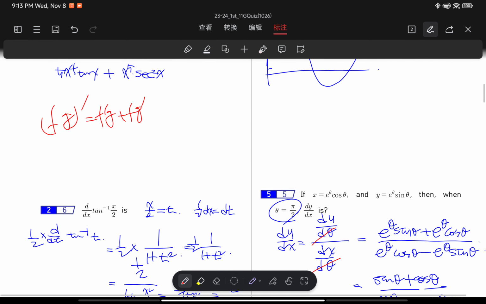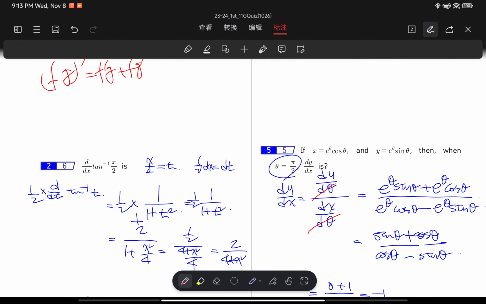Okay, number 2. Let x over 2 equal t, so dx over 2 equals dt. Substitute x over 2 equal to t. Then half times d/dt of tangent inverse t equals half times 1 over 1 plus t square.